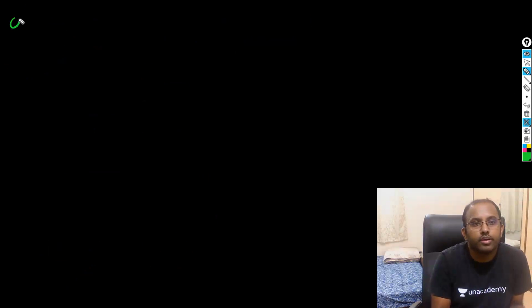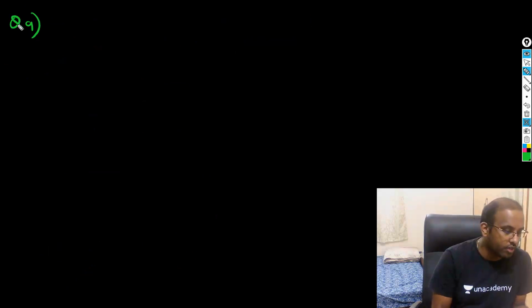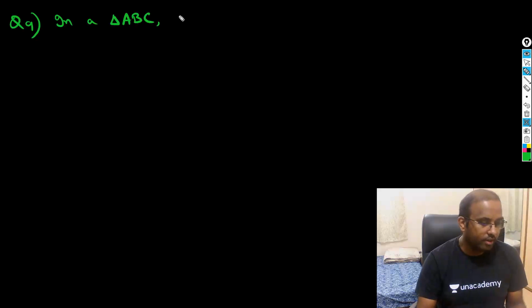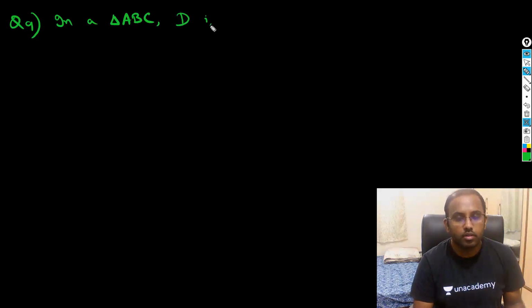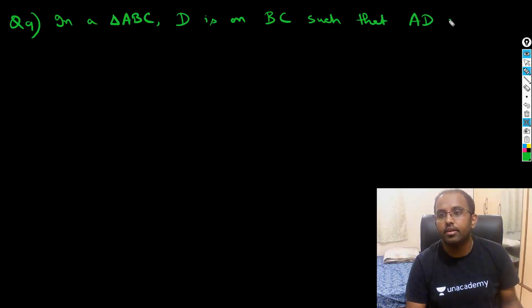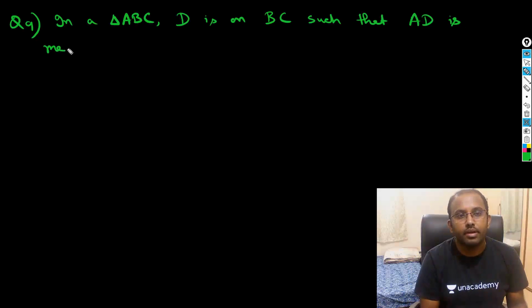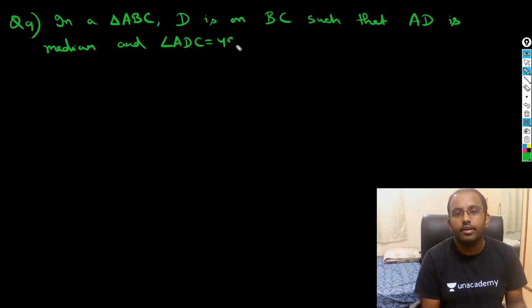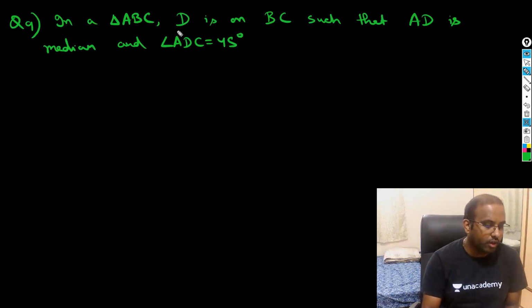The next question is: in a triangle ABC, D is on BC such that AD is median, and angle ADC is 45 degrees.